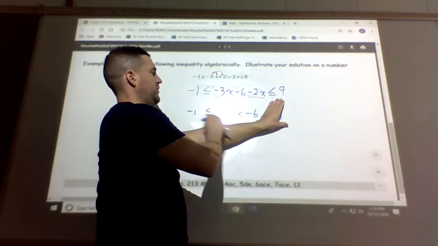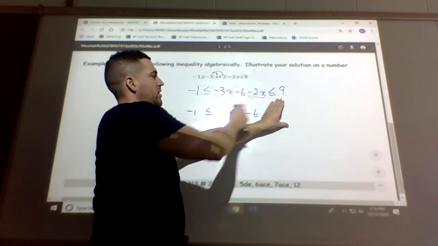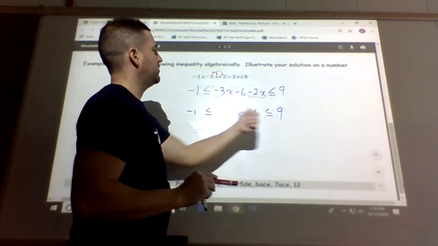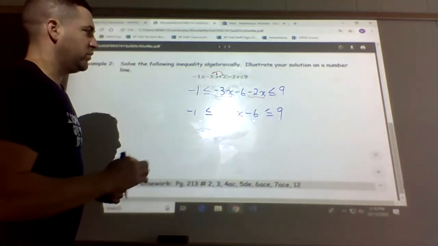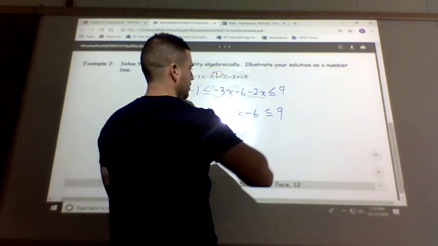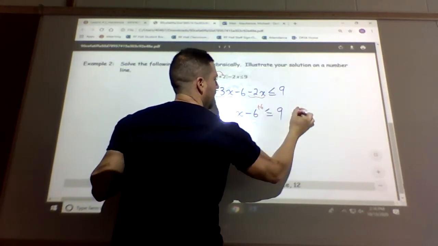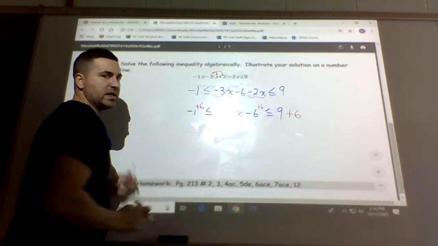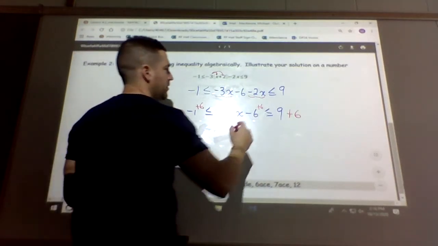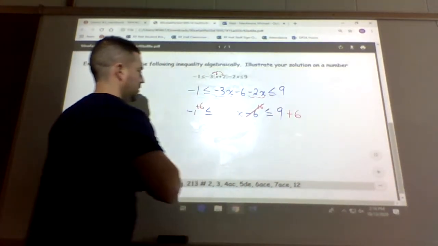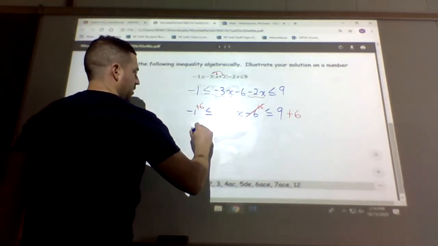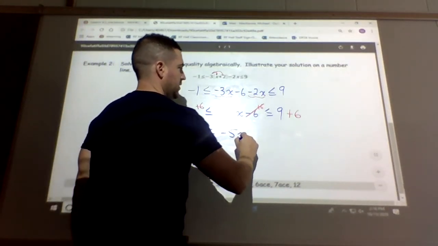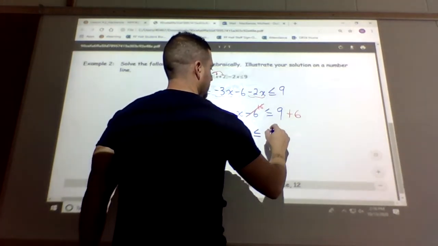So we add 6 to the 9, and we add 6 to the negative 1, so it goes to both of them. So now we have positive 5, negative 5x, less than or equal to 15.